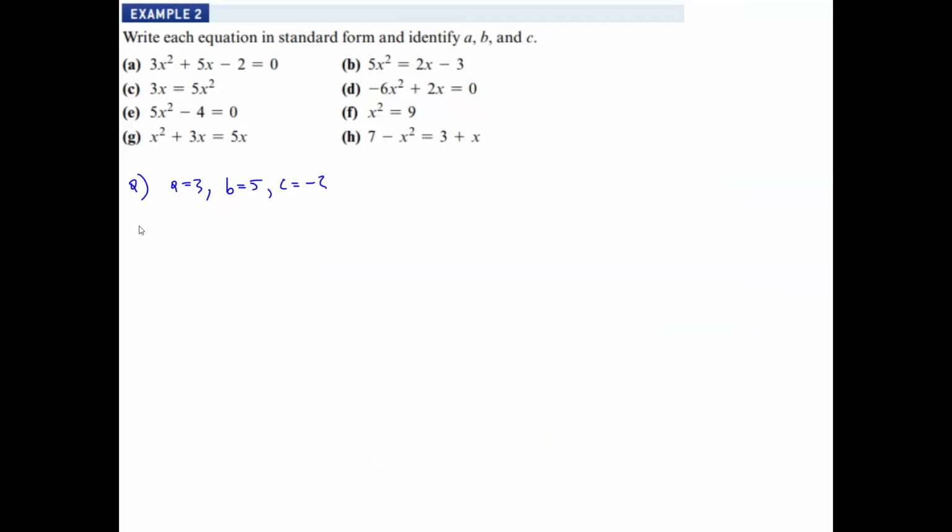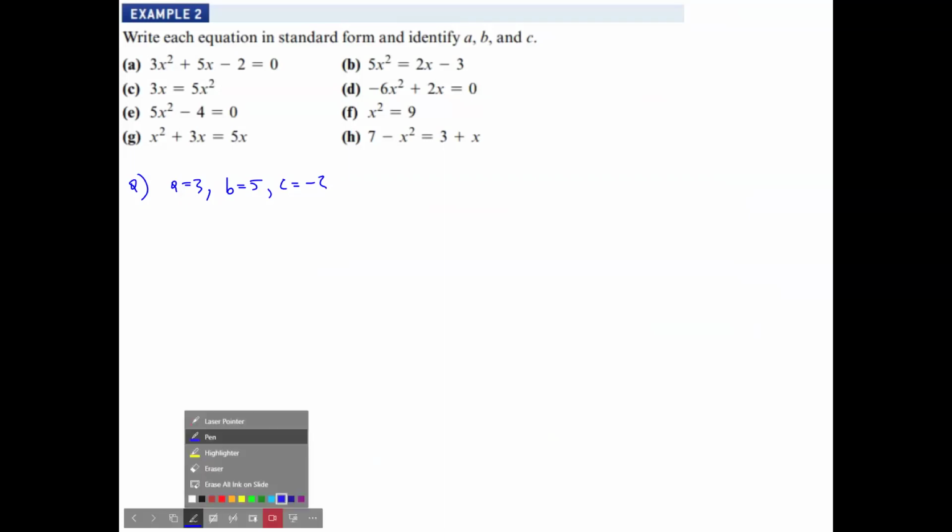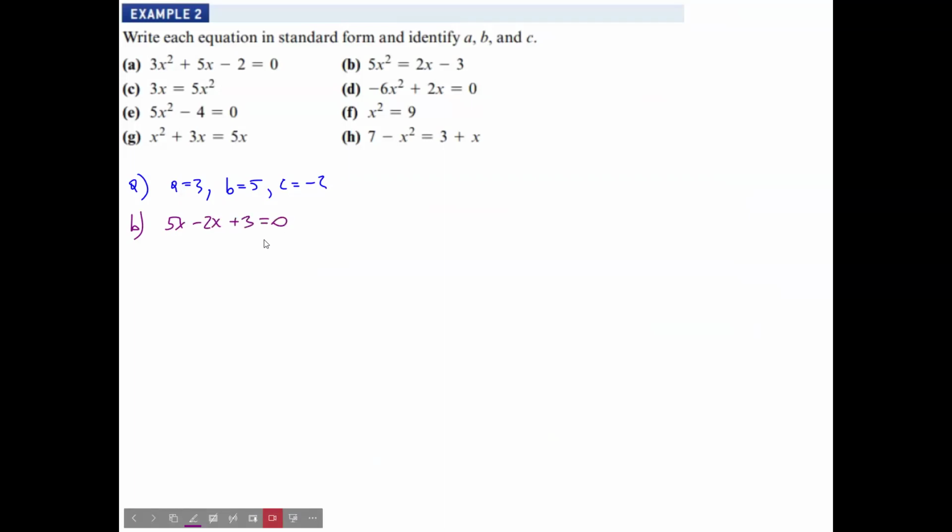Yes? Let's alternate colors so we have something. B. So 5x squared minus 2x plus 3 equals 0. That is standard form. And a is 5, b is minus 2, c is 3. Good.